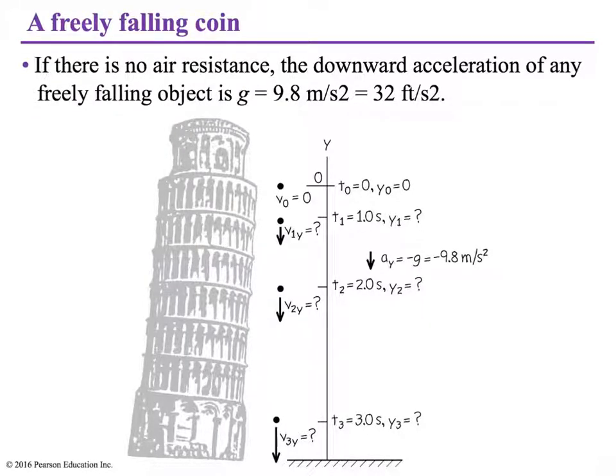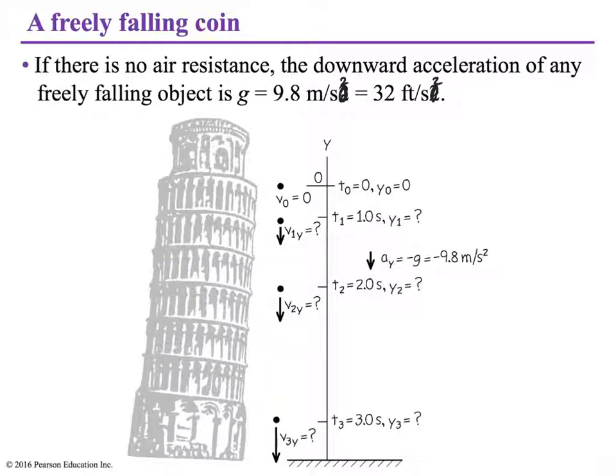When we talk about something that's undergoing free fall, what do we mean by the acceleration of gravity? The acceleration of gravity is 9.8 meters per second squared, or in our units of measurement, 32 feet per second squared.